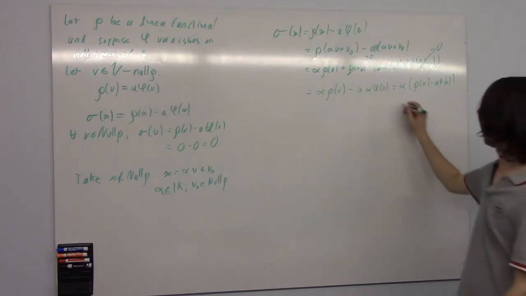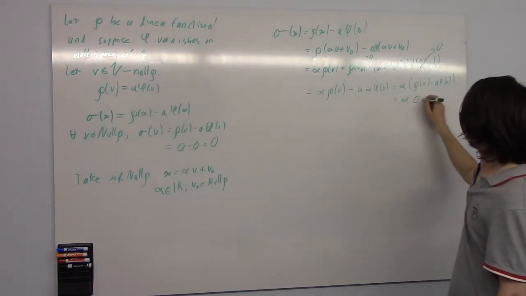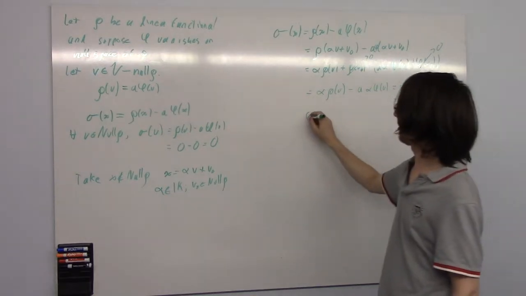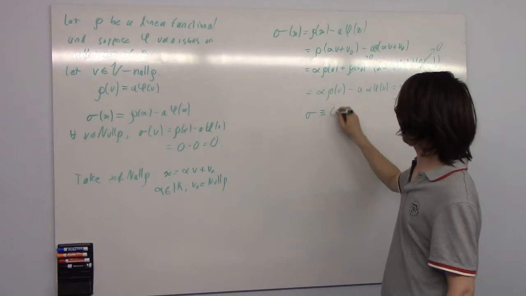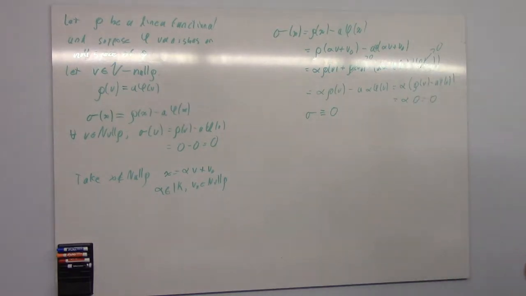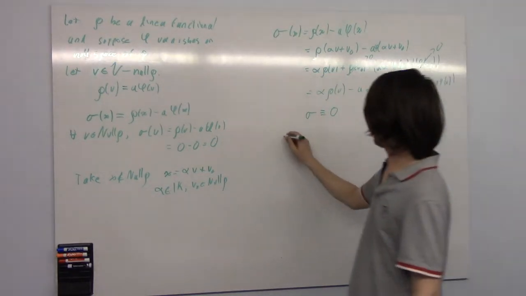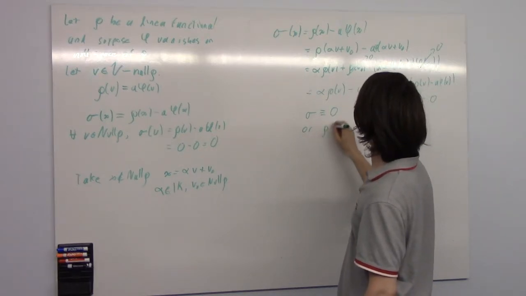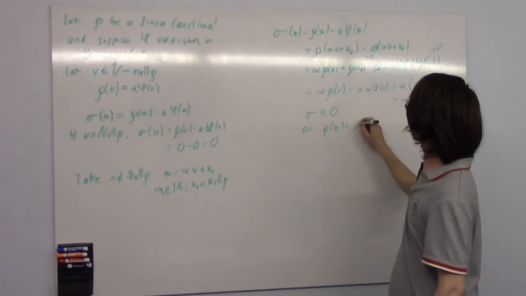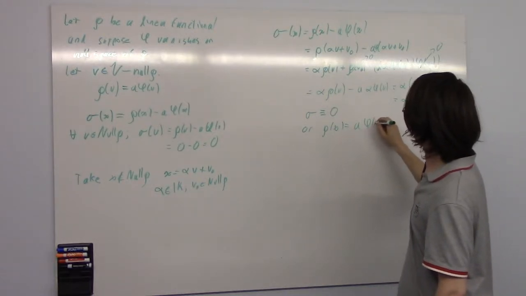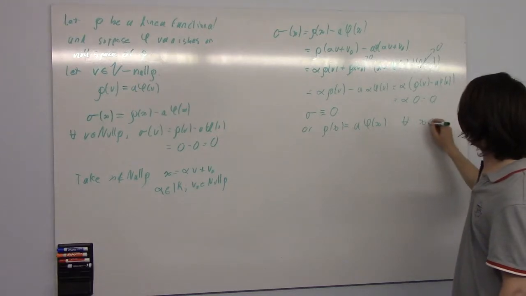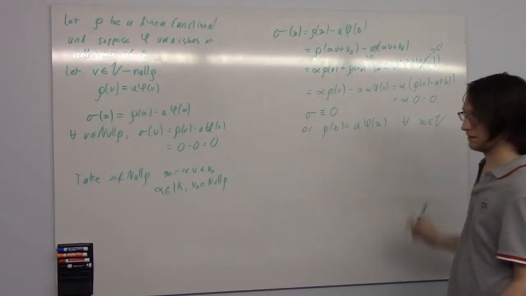Well, that's 0. So we get sigma is the 0, or rho of x equals a phi of x for all x in our vector space. Okay?